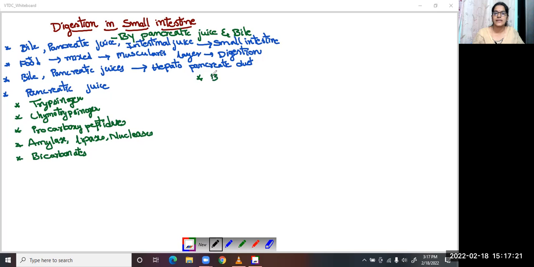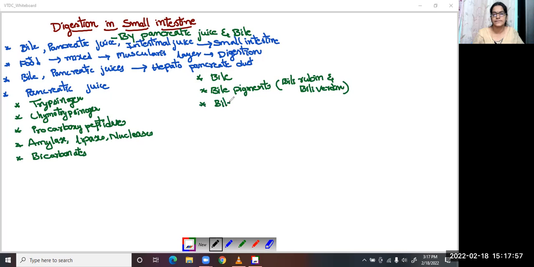Now let us see the constituents of the bile. Bile is having bile pigments, they are bilirubin and biliverdin. So these are known as the bile pigments.